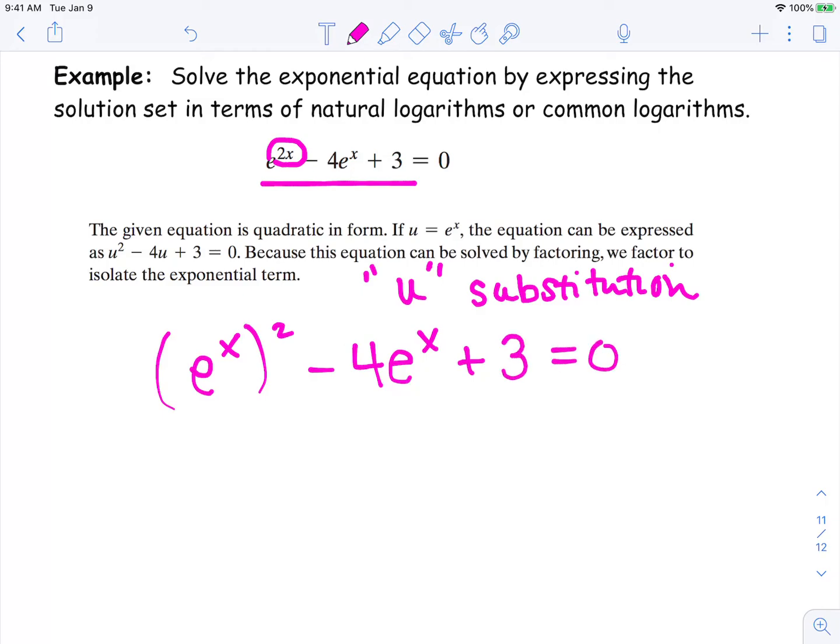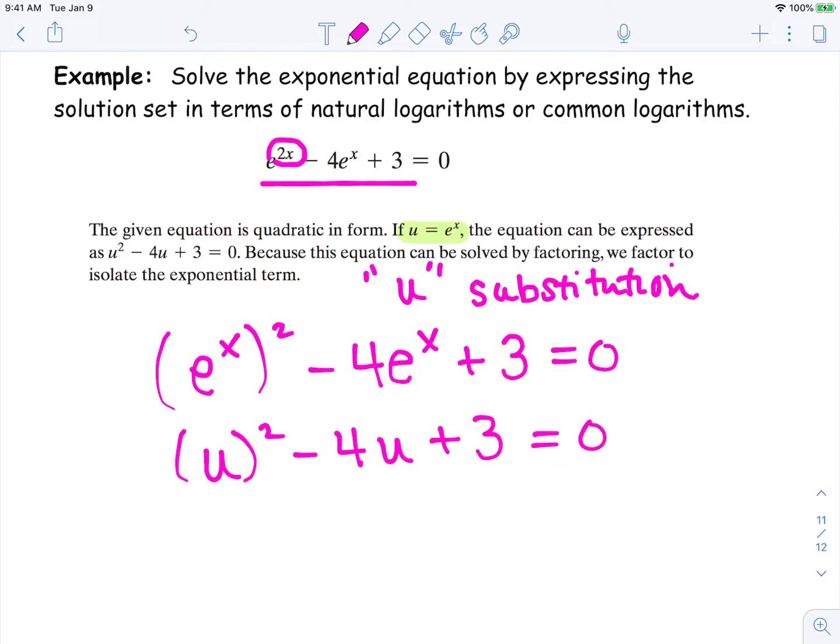What we're going to do is we're going to factor this quadratic equation, but we're going to use u substitution. We're going to let u equal e to the x. So this e to the x becomes a u, and then it's squared. Minus 4, this e to the x becomes a u, and then plus 3.